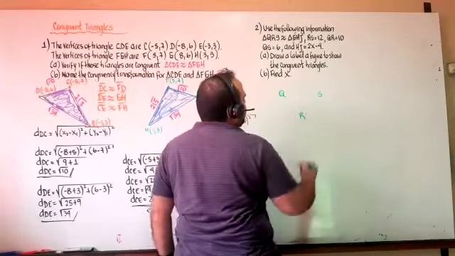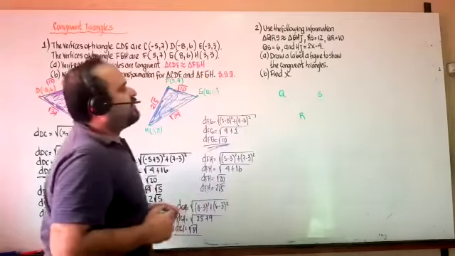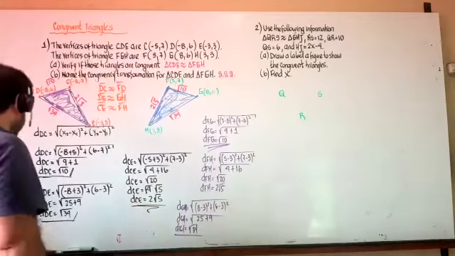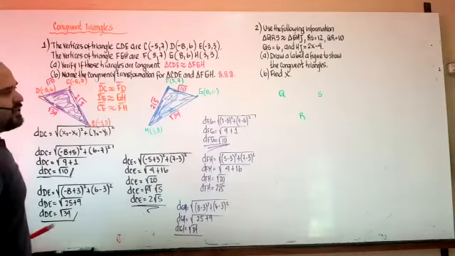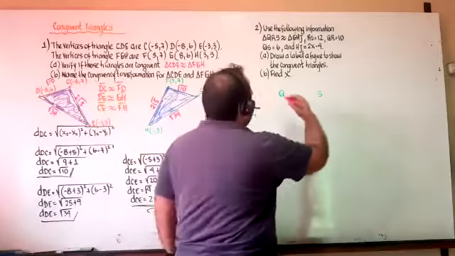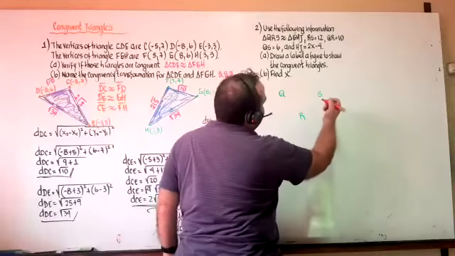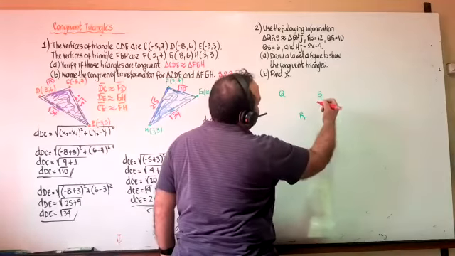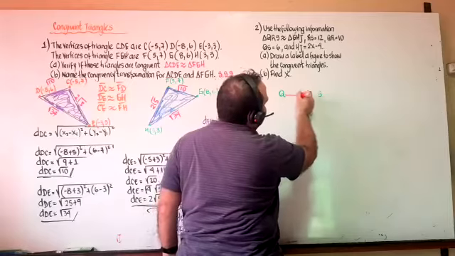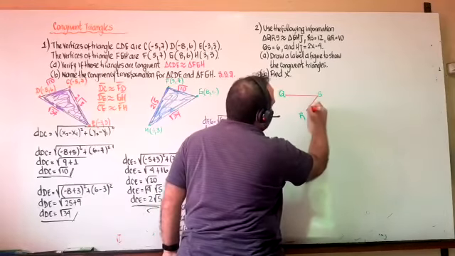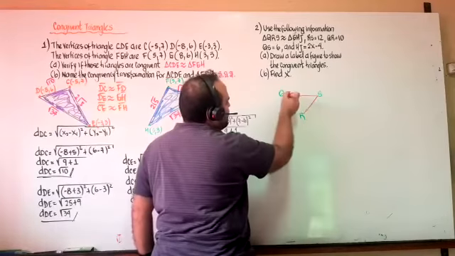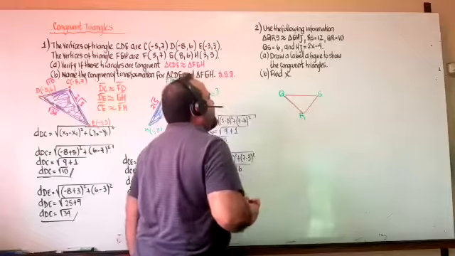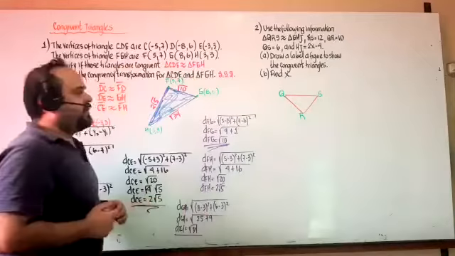But remember, a triangle always, without exception, has three sides. This is an easy way to identify these situations. So we have the connecting points QS, RS, and QR, and we can form this triangle.